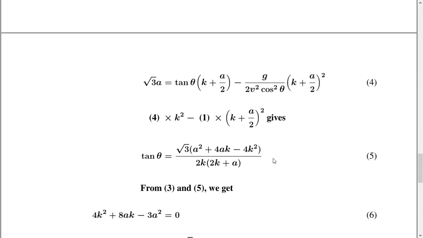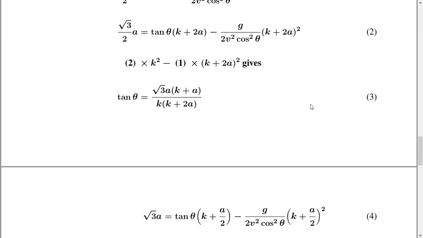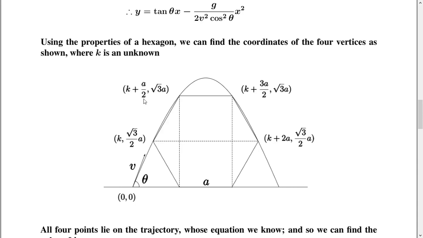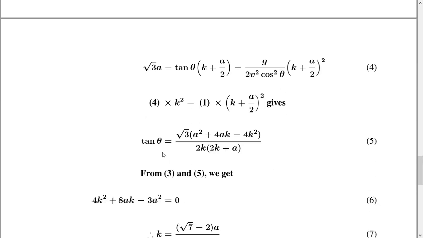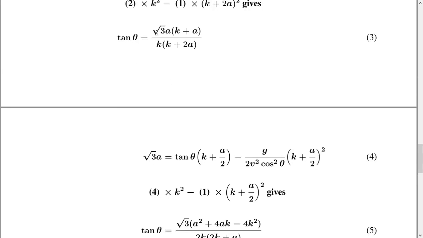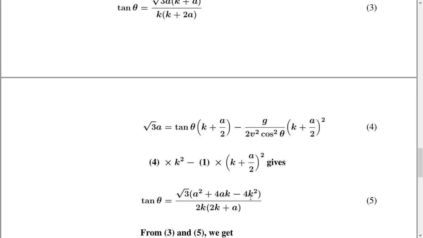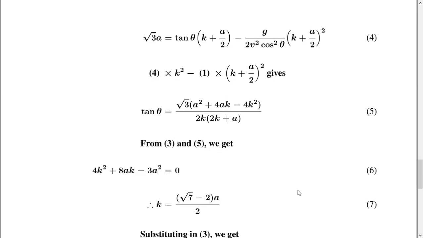Similarly, when you substitute the coordinates of, which point is this, k plus a by 2, this point in this curve's equation, this is what you get. And then doing a similar operation, you can get another expression for tan theta as this. So these two expressions are the same, and so you can equate them. When you do that, you can get the value of k in terms of a.